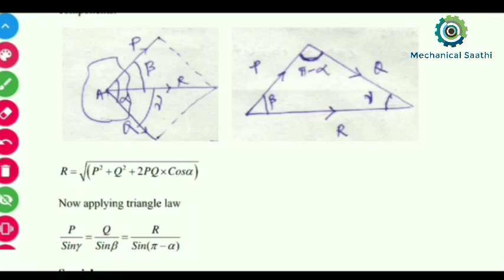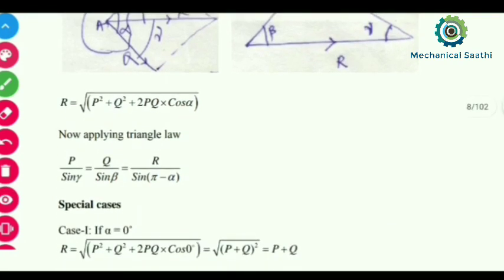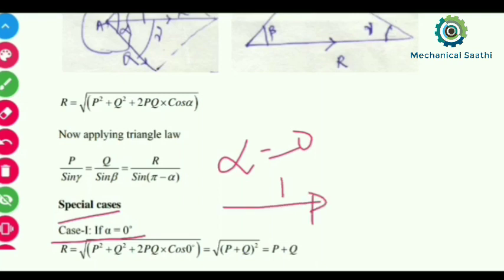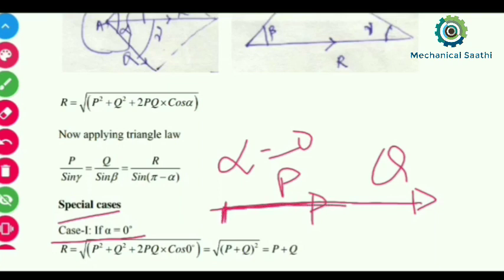Okay, so now let us discuss some different cases where we have to change, or directly we can get the values. One special case: if we consider alpha equal to 0, then let this be p, and in this same direction your q is lying, both forces going from this single point, let this be o.